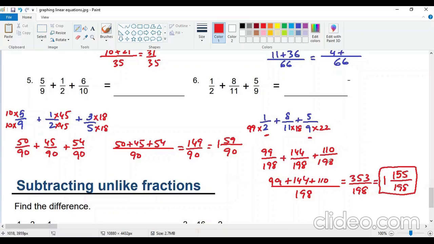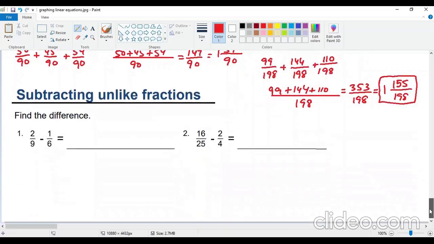When it comes to finding out the difference, I have used two equations only because the procedure is same. We are going to multiply 2 over 9 minus 1 over 6. We are going to multiply 9 by 6 and 6 by 9. This gives us 6 times 2 and 1 times 9. This gives us 12 over 54 minus 9 over 54.